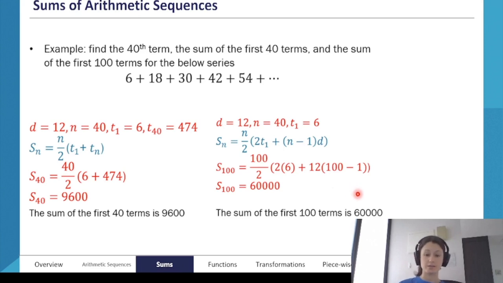Again, checking that this makes sense within the context of our sequence, our sum of 100 terms is a lot larger than our sum of 40 terms, which makes sense.